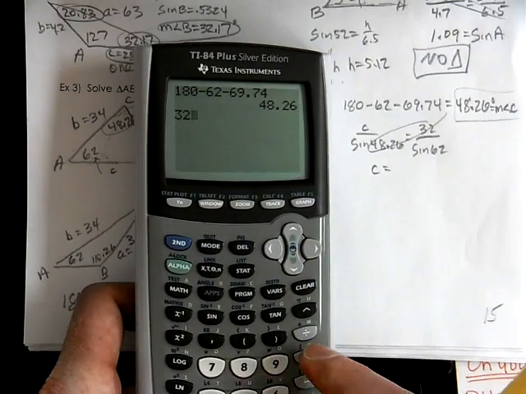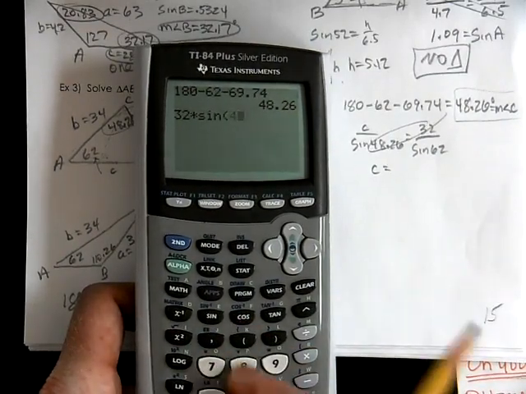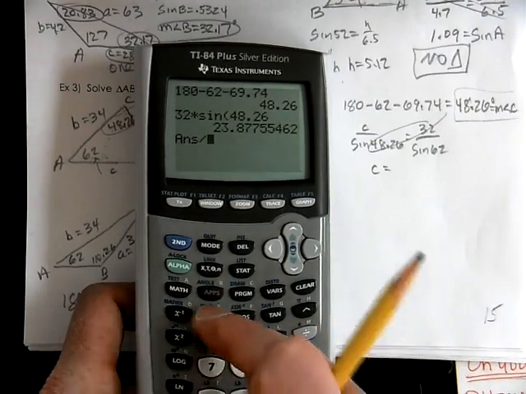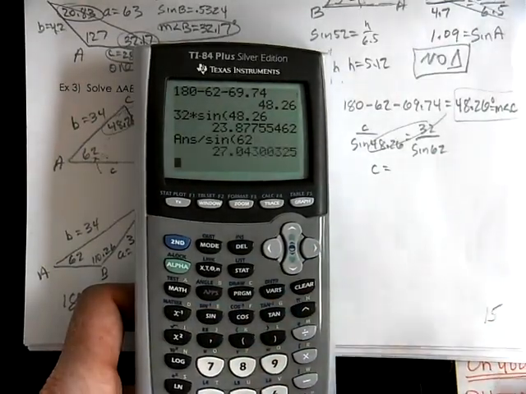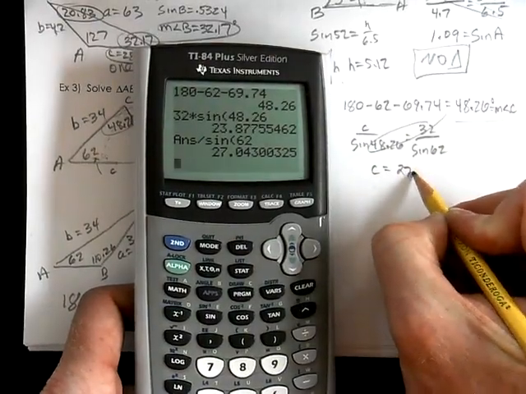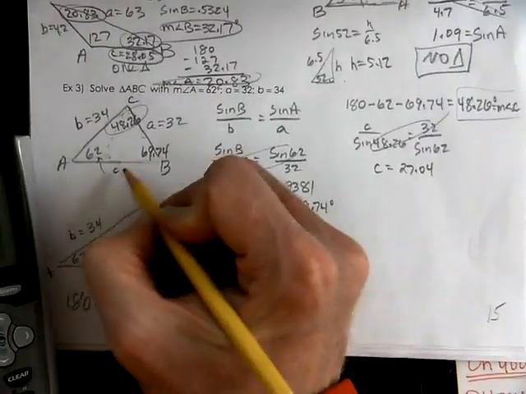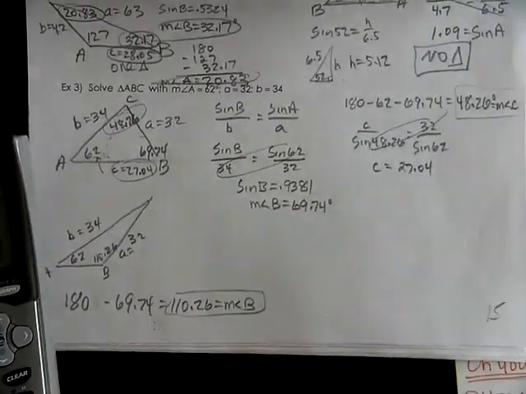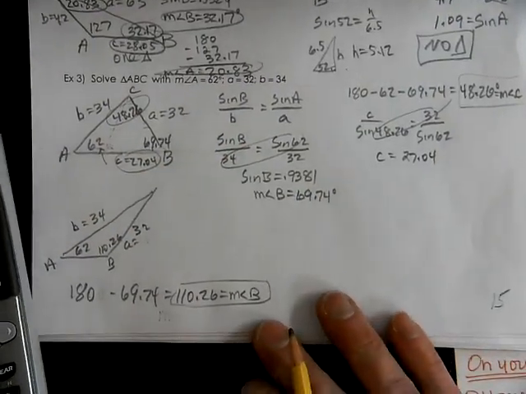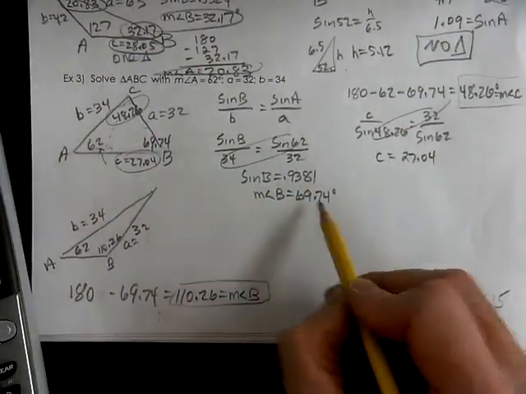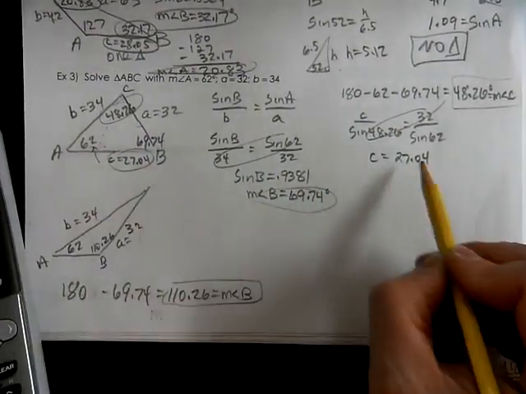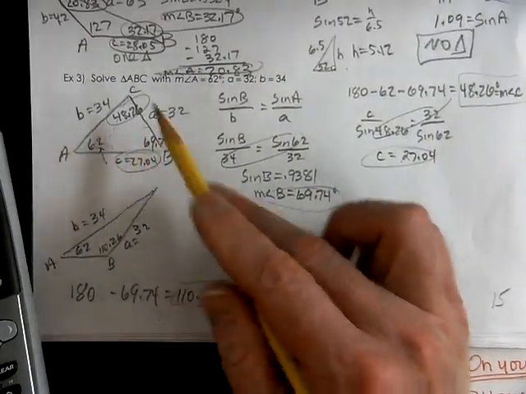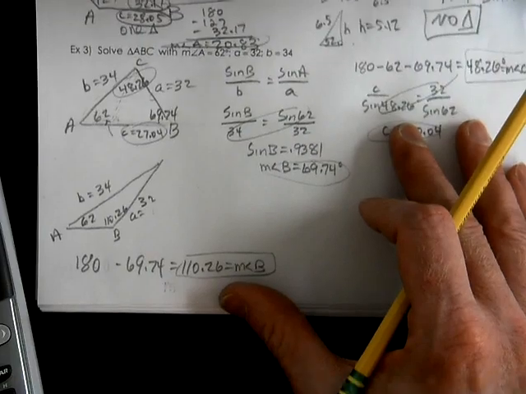We get 32 times the sine of this 48.26, and we're dividing it by the sine of 62. So that's going to give us 27.04. So that gives us all the information that we need. Two angles and our missing side for that triangle.